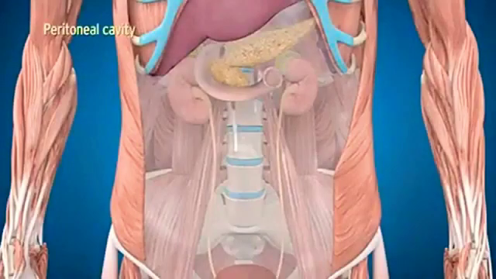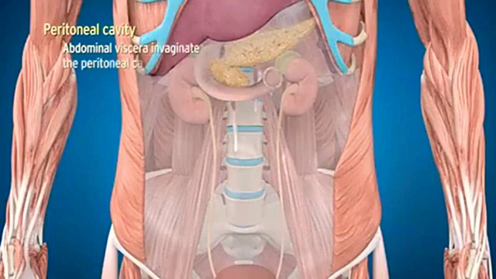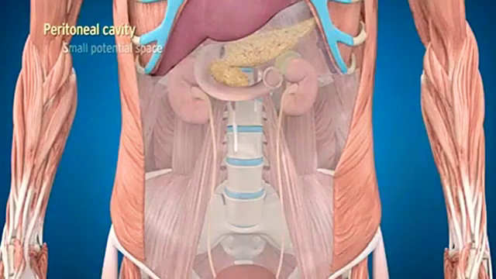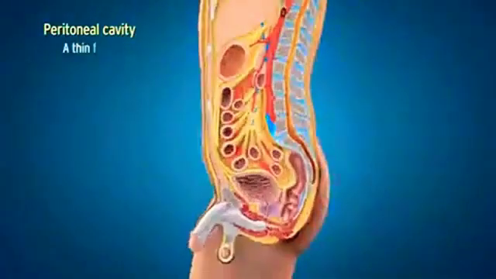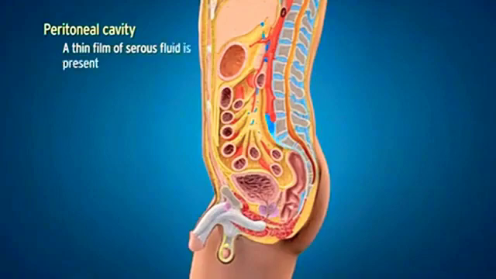Peritoneal cavity. The abdominal viscera invaginate the peritoneal cavity and reduce it into a small potential space. A thin film of serous fluid is present in this potential space. This fluid is secreted by mesothelial cells.